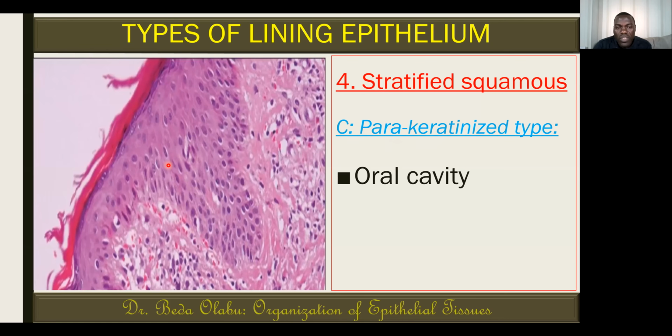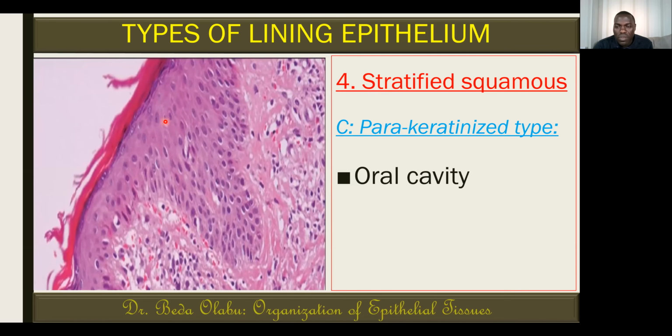There are some parts of the oral cavity that are lined by stratified squamous parakeratinized epithelium. The same way, there are some parts of the oral cavity that are lined by stratified squamous non-keratinized epithelium. So really, which parts of the oral cavity will be lined by stratified squamous parakeratinized epithelium?